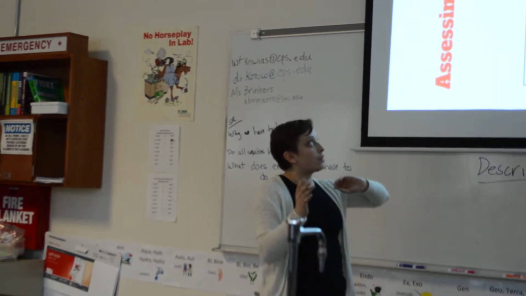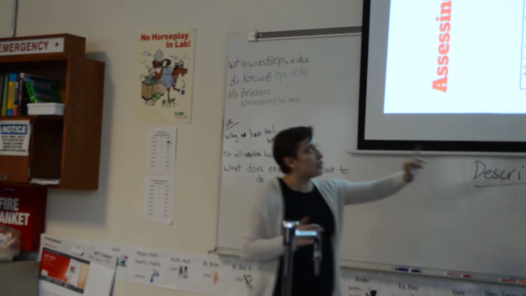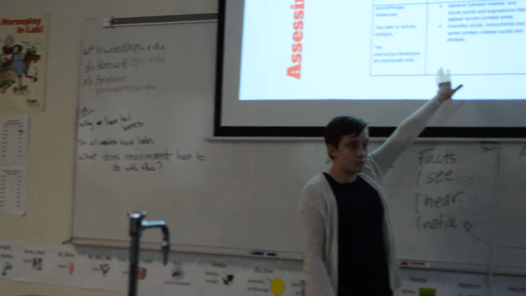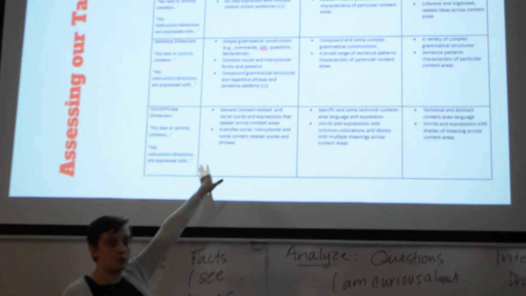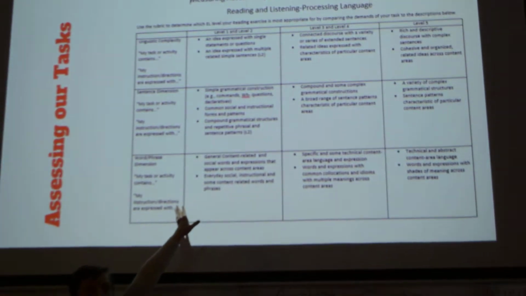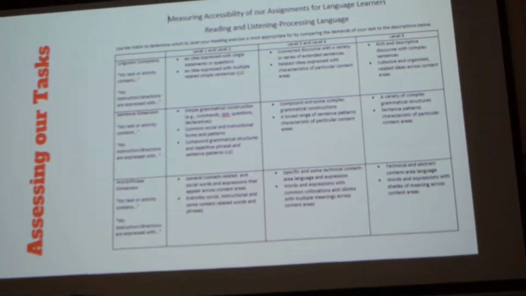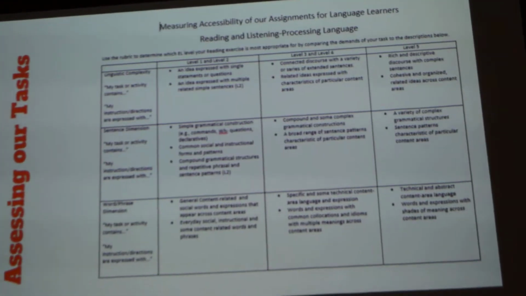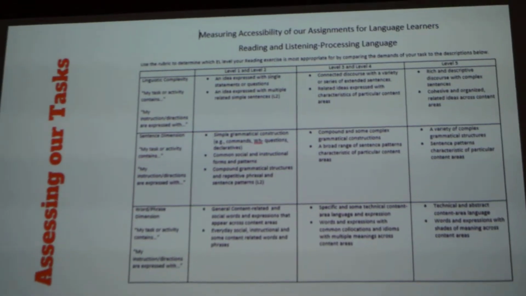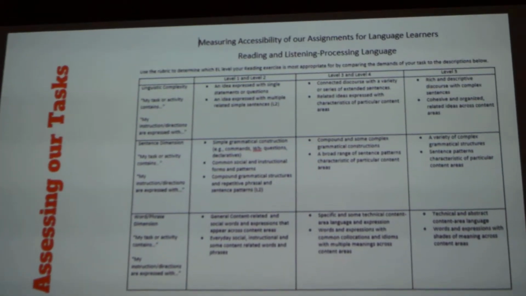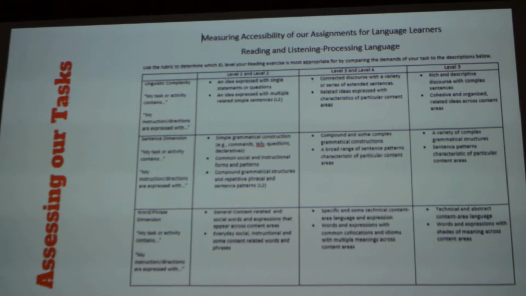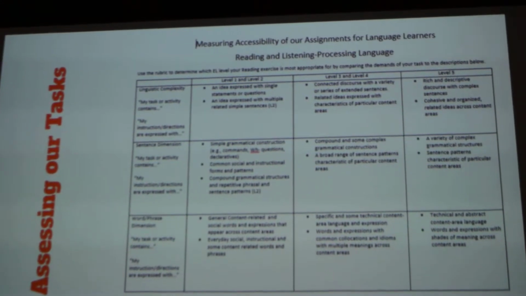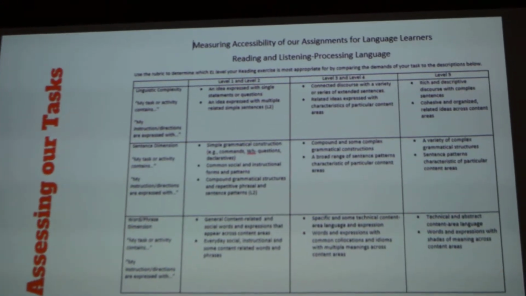So if you look at the rubric, the first column has level 1 and level 2 students. Level 1 and level 2 students are students that are coming into the country, have no English, and this can really range. They have either no English or they've been here maybe a year or two. So these would be like our ESL 1 and ESL 2 students.